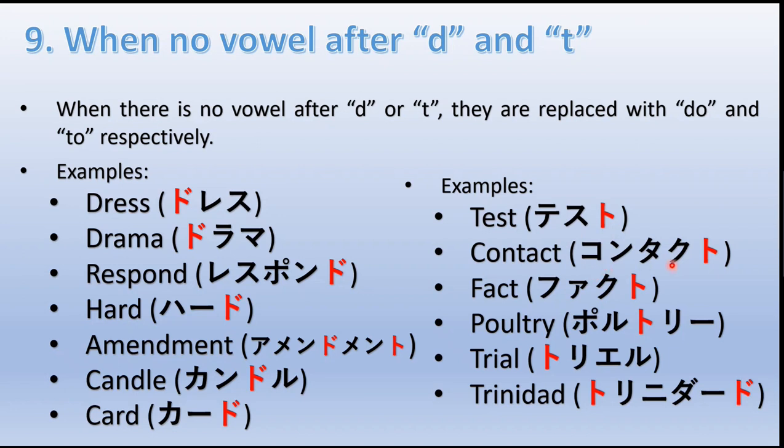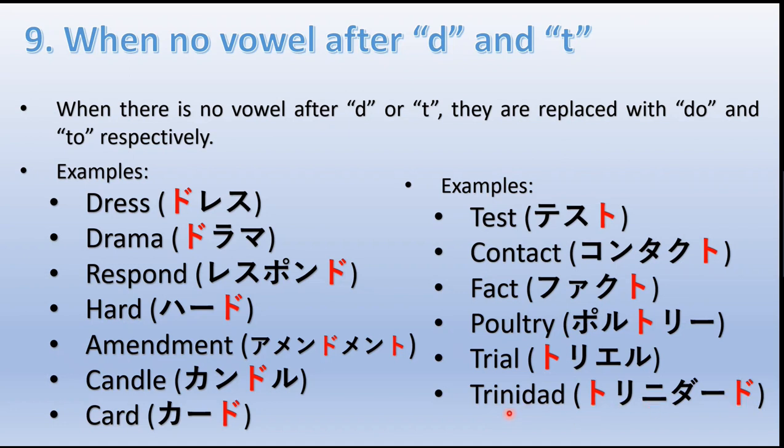Contact, kontakuto. Fact, fakuto. See here, the word fact will be written as fakuto. Poultry, poruteri. Trial, toraiaru. Trinidad, torinidado.